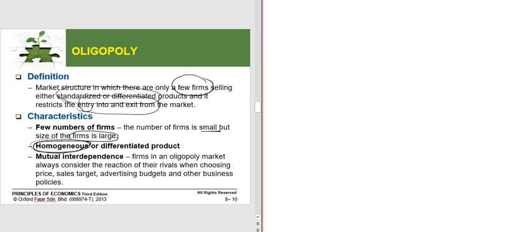And they have this important characteristic of mutual interdependence. What we mean here is that in oligopoly, the firms will always look into what their competitors or rivals are going to do in the market, for example in terms of changing the price or making advertisements. So let's say firm A is reducing the price of their product.